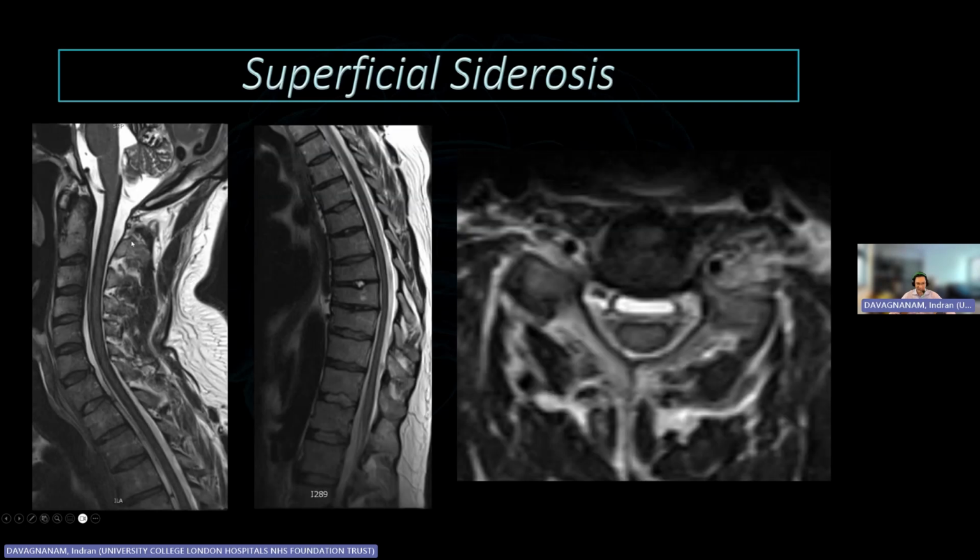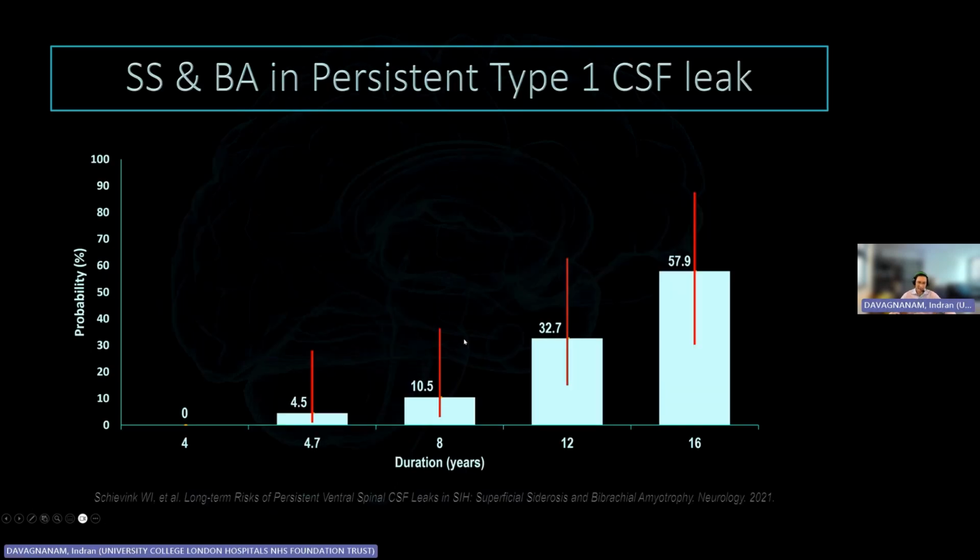And of course, this can extend along the length of the spinal cord. You can see this almost pencil outline of the spinal cord as a result of superficial siderosis. Our colleague at Cedars-Sinai in Los Angeles, Walter Schievink, has shown that over time, with persistent type 1 CSF leaks, there is an increased risk or probability of developing superficial siderosis, the consequence of which is brachial amyotrophy.